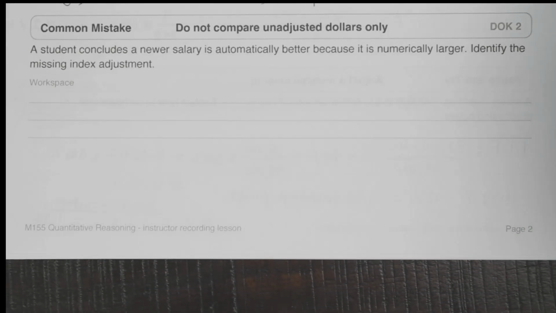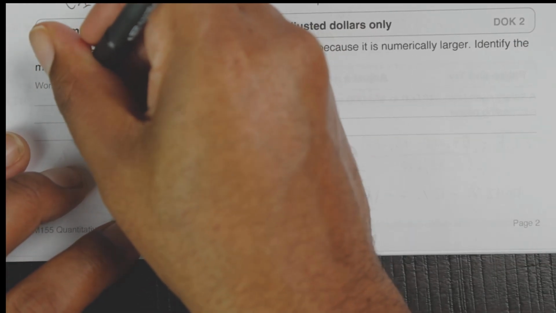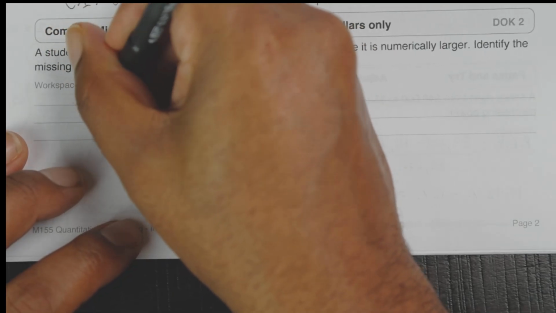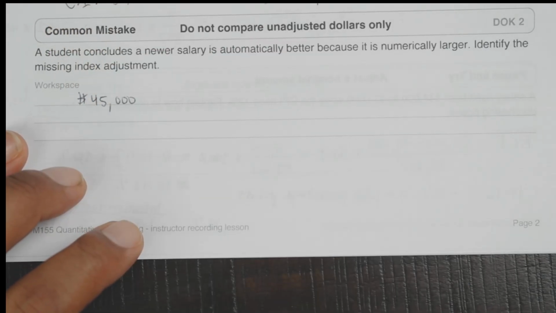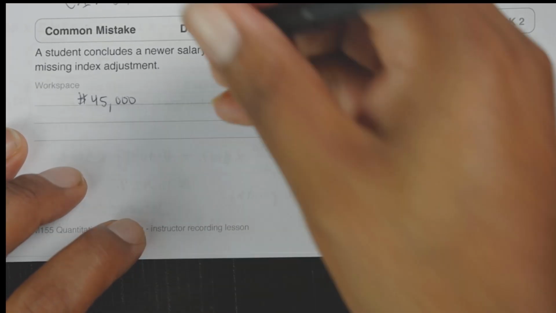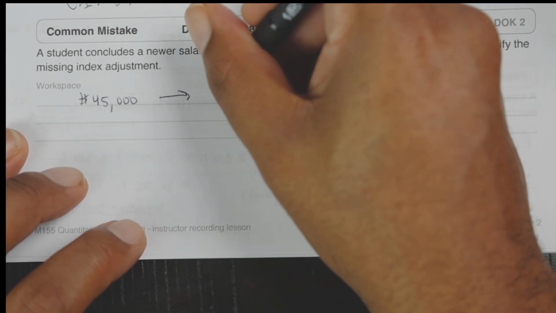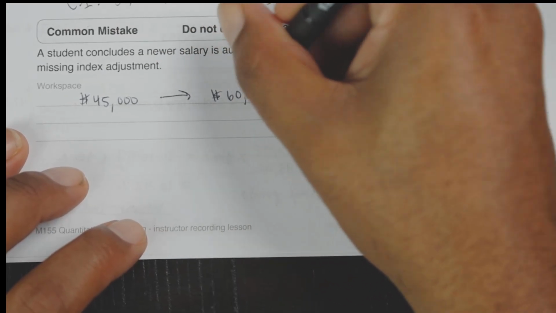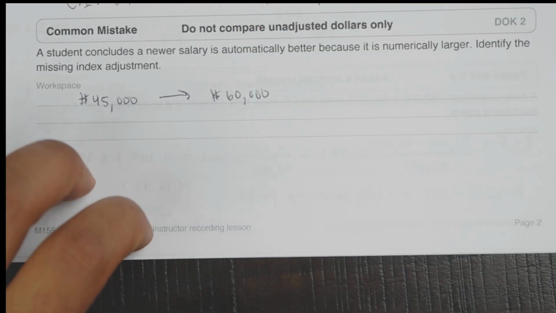Common mistake. One of the most common mistakes in quantitative reasoning is assuming that a large dollar amount automatically means a better financial position. Suppose you got one salary of $45,000, and years later that salary goes to 60,000, right?